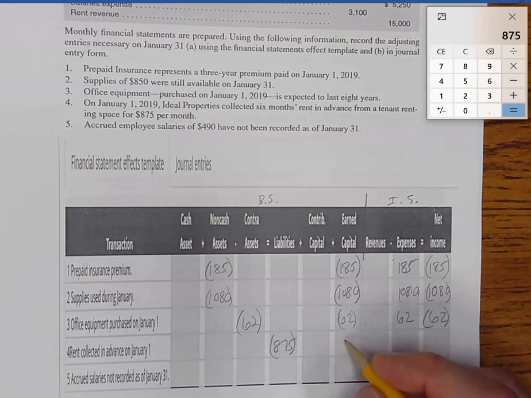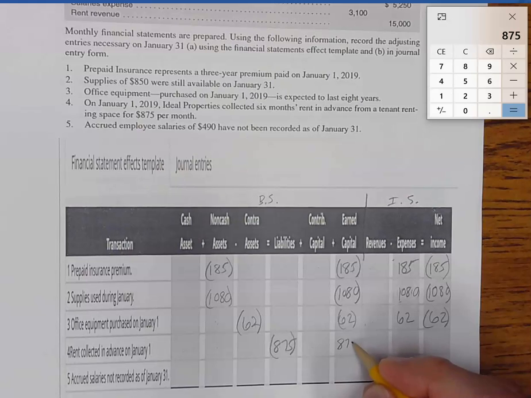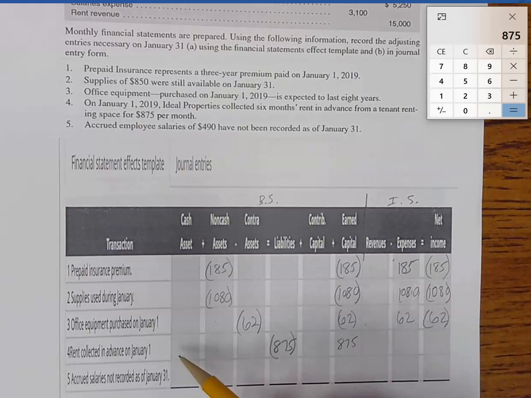And our earned capital has actually gone up by $875. We didn't impact any assets over here, but we reduced a liability, and that will help us. So our earned capital has gone up.